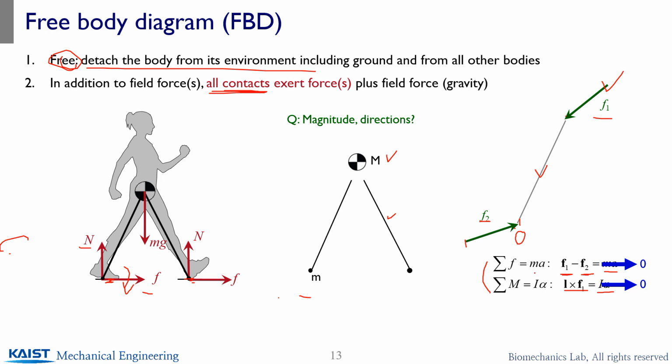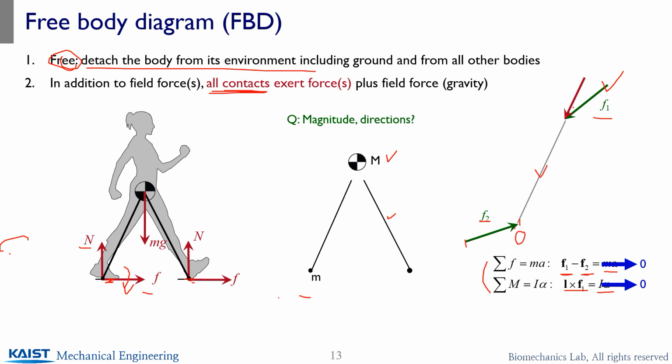For the moment equation here, if L cross product F1 turns out to be 0, what does that mean? Since L is not 0, F would have to be 0, but that's a trivial case. Or the cross product is 0 because the only force applied here is along the leg direction, right? In that case, L cross product F turns out to be 0.